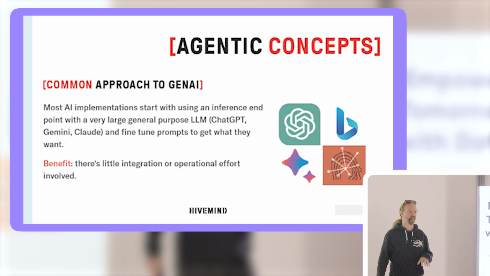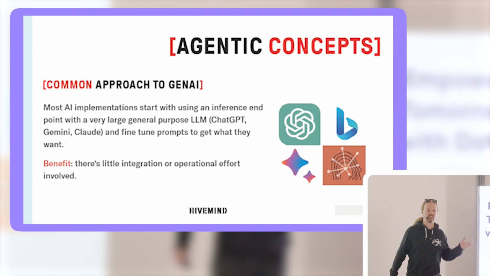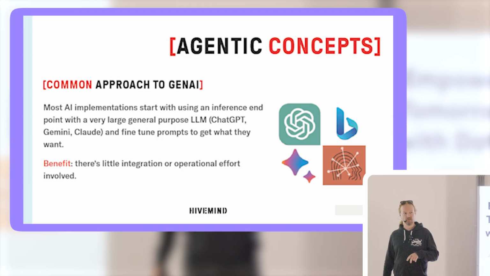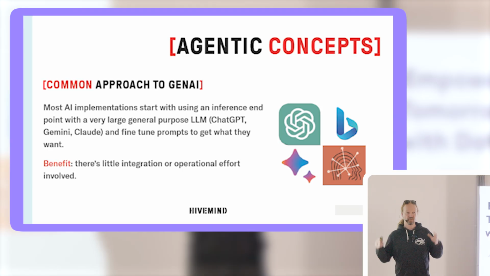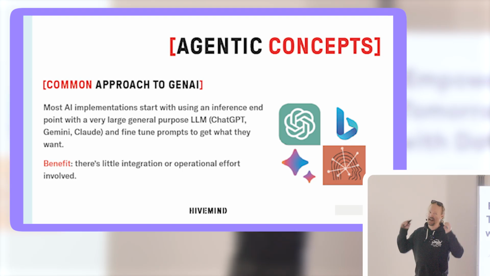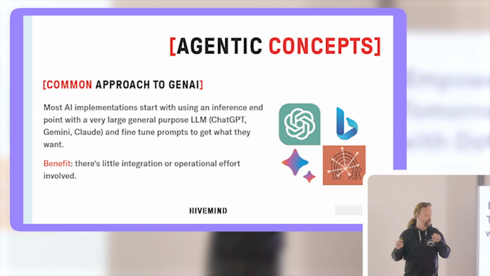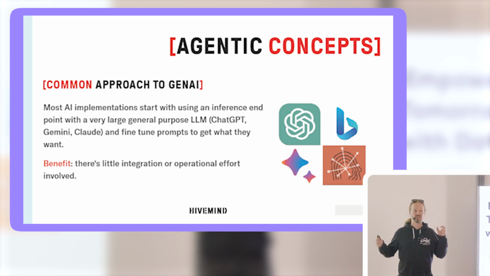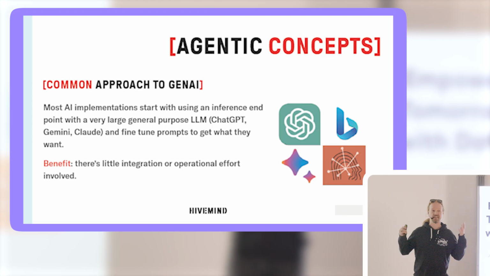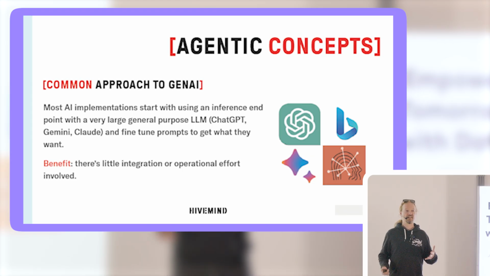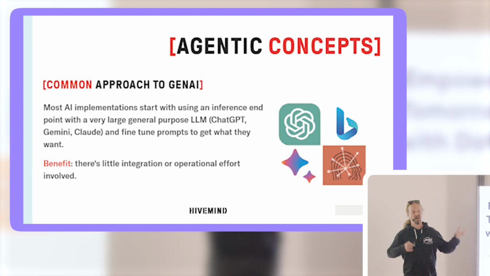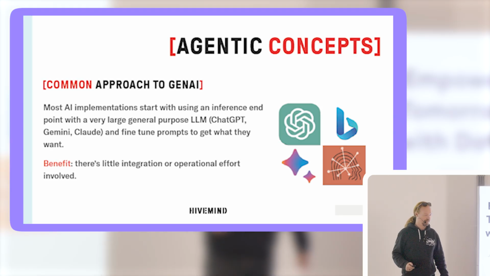So let's take ChatGPT, OpenAI, or Claude, Anthropic, or Google, and we're just going to use a big prompt and ask it to do something. The great thing about this is that there is very little effort involved, and it's quite easy. You just need to build an application, and the application connects via HTTP to one of the endpoints. Bob's your uncle. You've got a generative AI application.